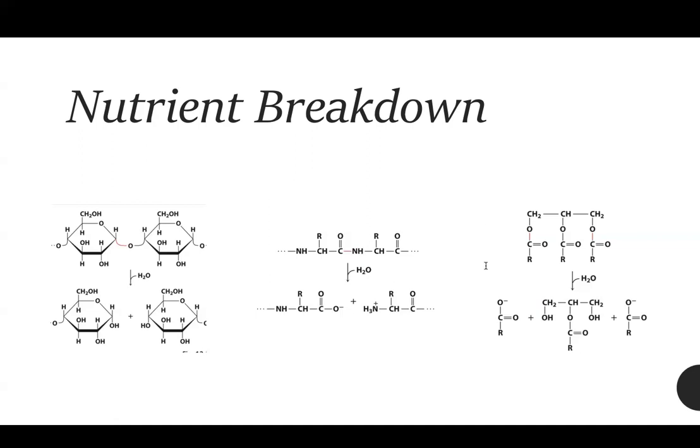The broken down nutrients are then absorbed by cells in the intestinal lining. Saccharides are transported through active transport, amino acids via symporters, and fatty acids can be transported in a variety of different ways. Once the fatty acids are in the intestinal cells, they can either become cholesterol. If you remember cholesterol, I think in the first unit, that is part of the lipid bilayer and an important transport protein, or they can also reform into triacylglycerols again.